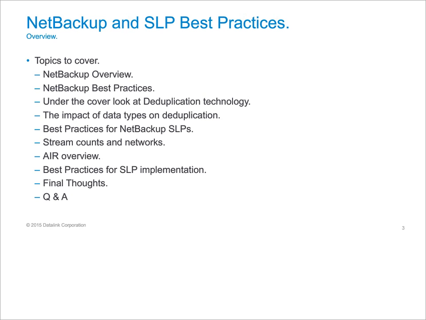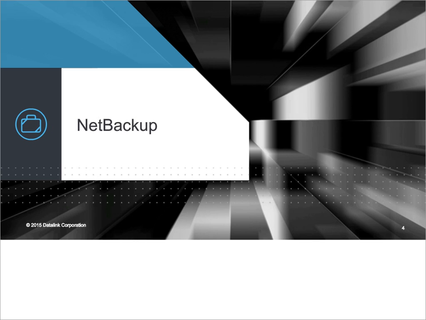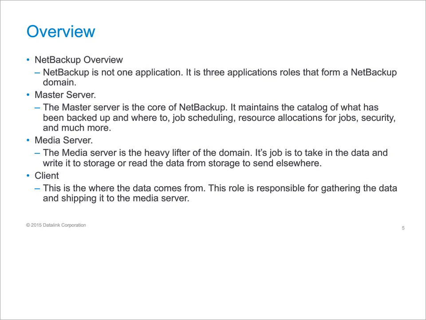We'll discuss AIR and some of the features included with AIR. We'll cover some of the best practices for SLP implementation, and we'll finish up with some final thoughts and questions and answers. So let's start off with the basic part of NetBackup and just covering our overview.